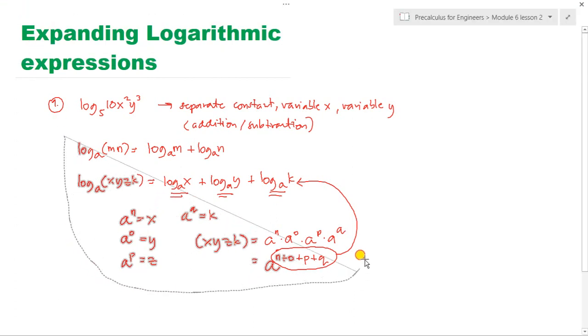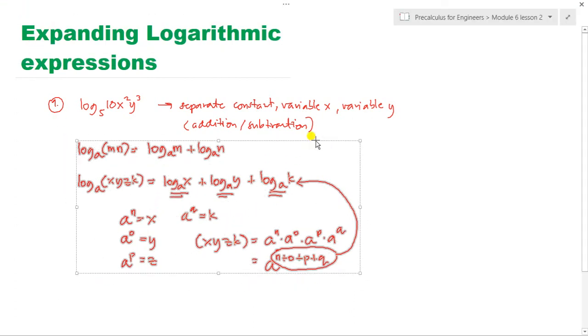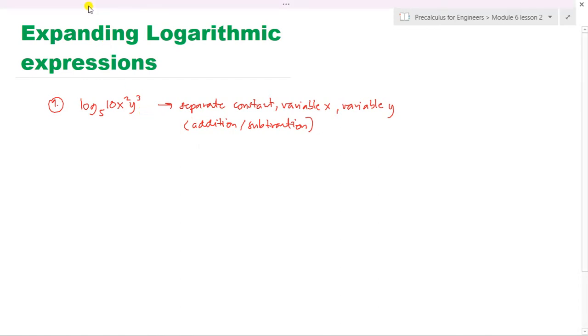Now, if we apply that principle to our given expression, since our goal is to expand, we separate the constant and the variables. So this can be rewritten as the log of 10 to the base 5, separating the constant, plus the log of x squared to the base of 5, plus the log of y cubed to the base of 5.